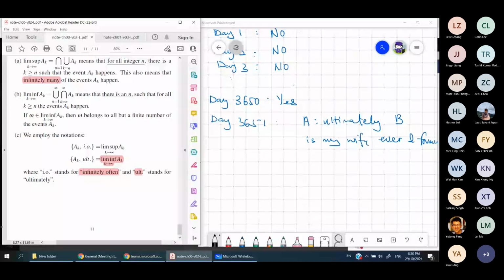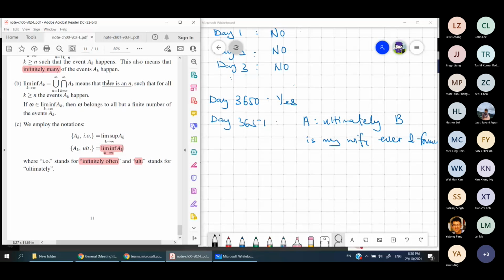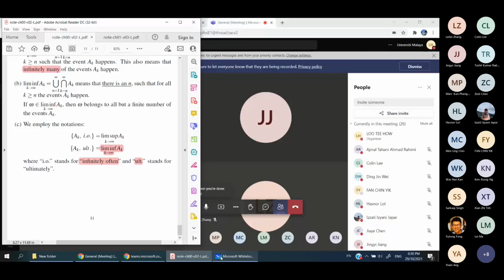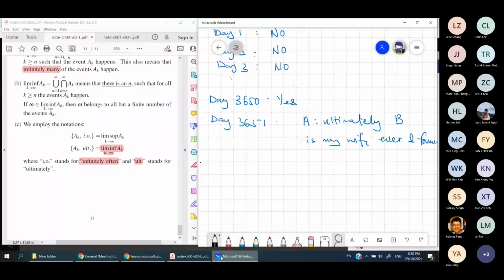One question: if you put a lot of gas particles in one box and eventually they become equilibrium, is that an infinitely often event? Okay, in that case it depends on the situation. At first it is not stable, up and down, we don't know.